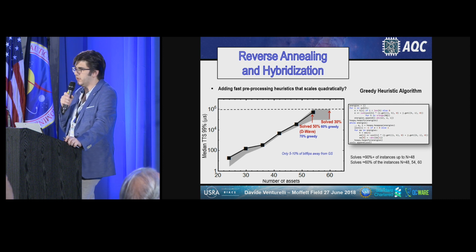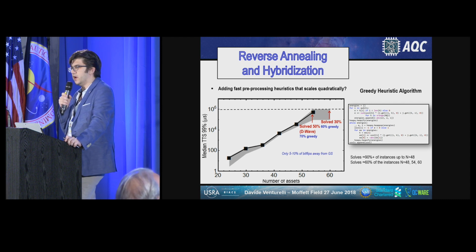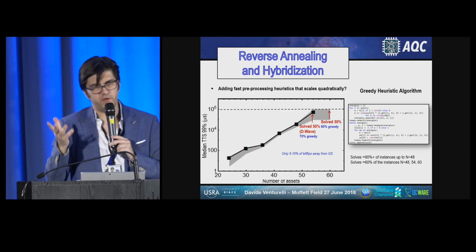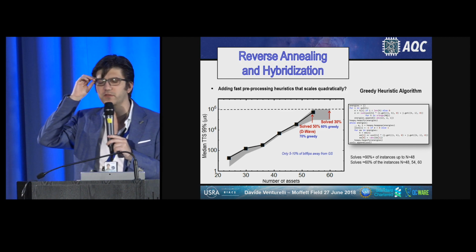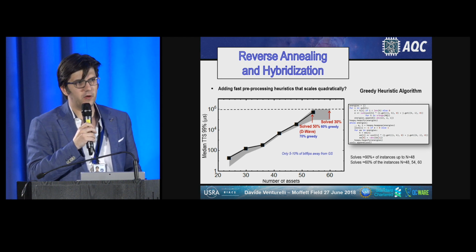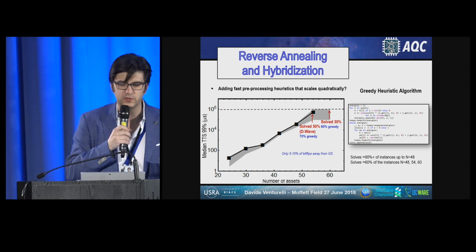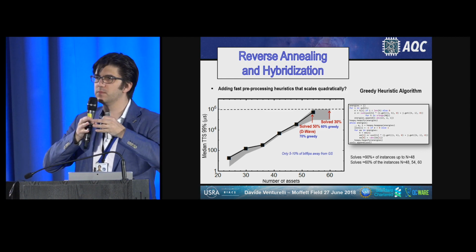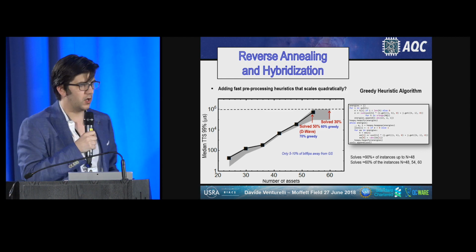But starting from 42, 48, this greedy heuristic search falls short and solves only 50, 60, 70% of the instances, and falls about 5 to 10% away from the ground state in terms of bit flips of your solution strings.